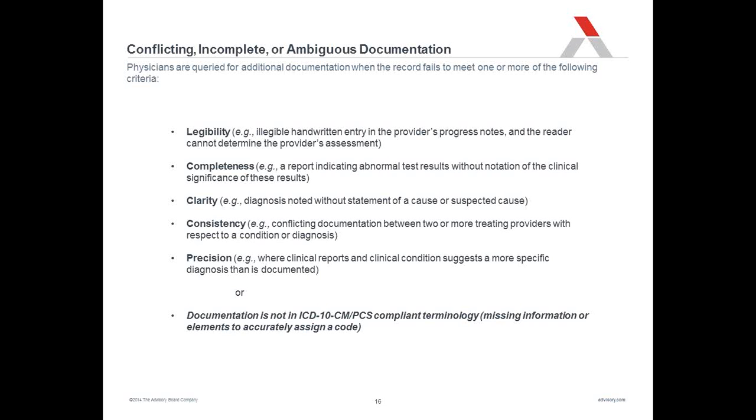So conflicting documentation between 2 or more treating providers needs to be clarified. Making sure that clinical reports and clinical conditions are documented as specifically as possible. Making sure that lab results, abnormal test results, and their clinical significance or lack thereof is also clearly documented in the medical record.